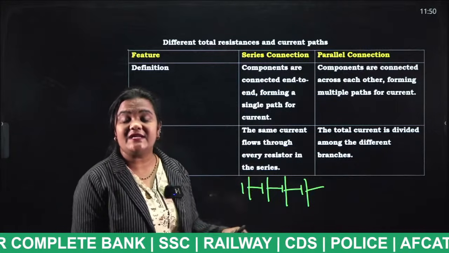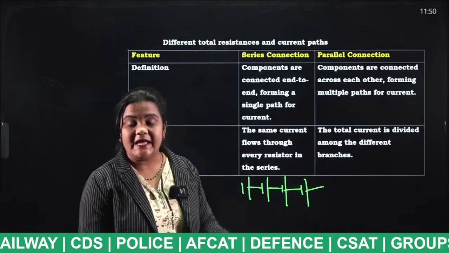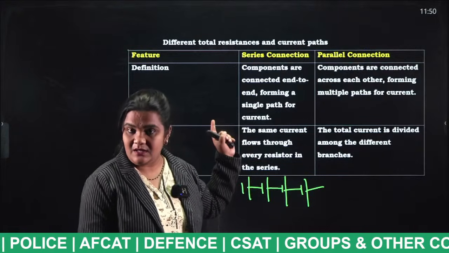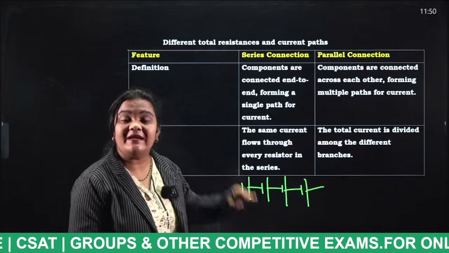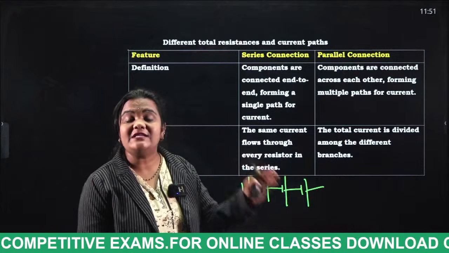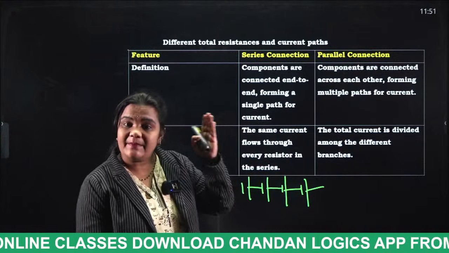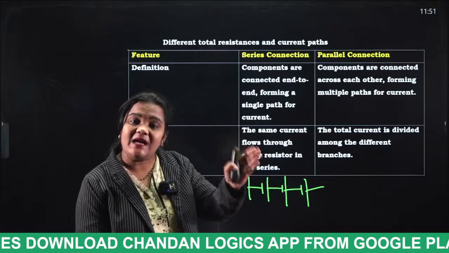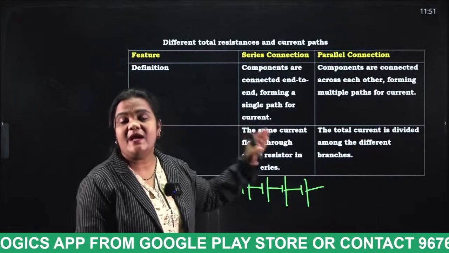In a series connection, the current will be the same and the voltage will be different. If there is any break in the connection, the current will stop. In a parallel connection, the current passes in two different branches. When there is a break in one branch, the current will flow through the other branch. That is the difference between series connection and parallel connection.